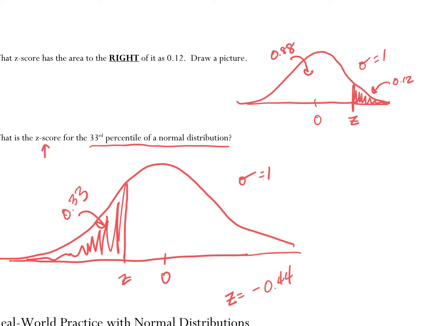So you're going to do the inverse norm of 0.88. Even if your calculator has left, center, right, there are going to be times later on this year where you need to be thinking in terms of left-hand area, where your calculator doesn't have the left, center, right, and you have to use the exact same process.